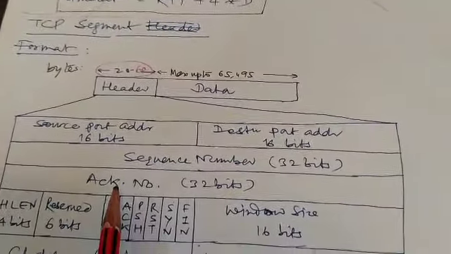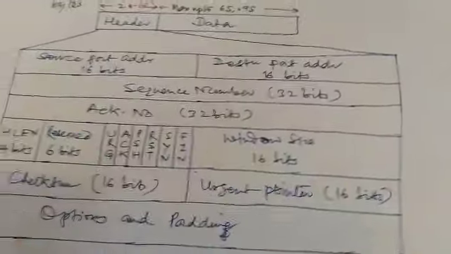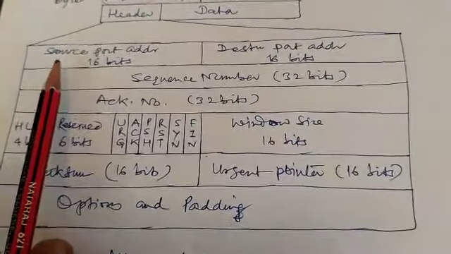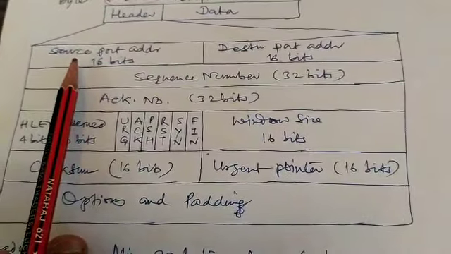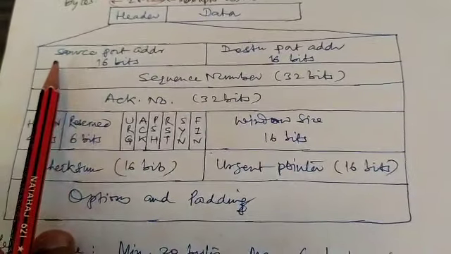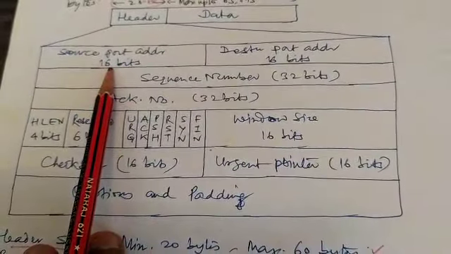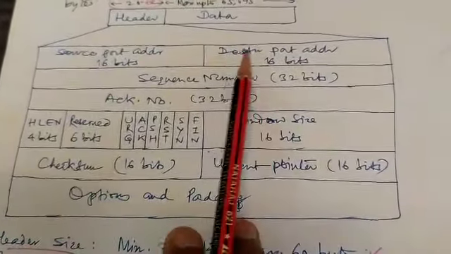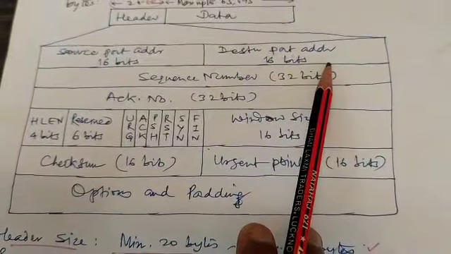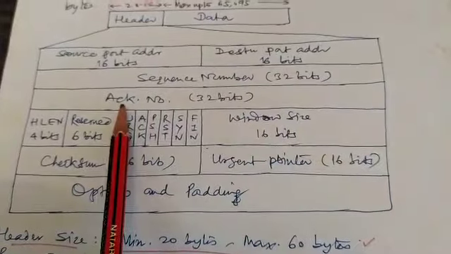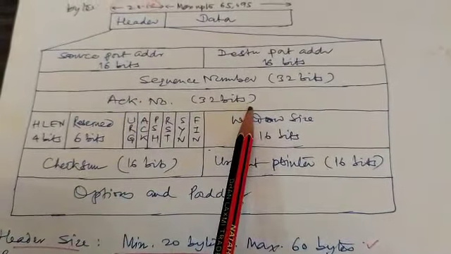So we can now further explore the header part, how the header is formed, what is the format of the header. The header has these fields. The source port address of 16 bits, this is the first field, followed by destination port address 16 bits. Then we have the sequence number 32 bits, acknowledgement number 32 bits.